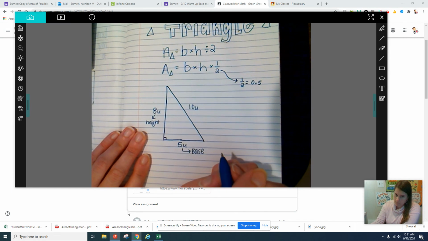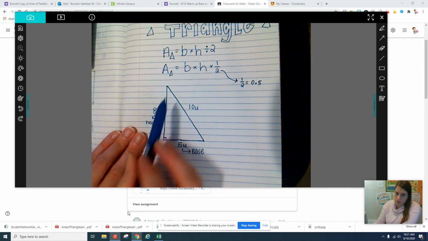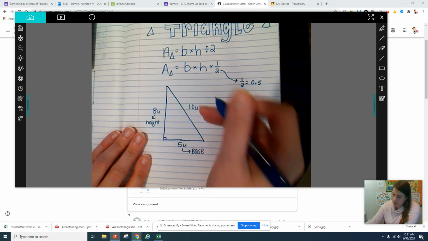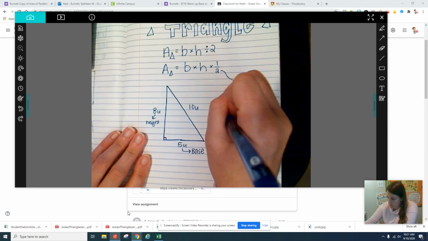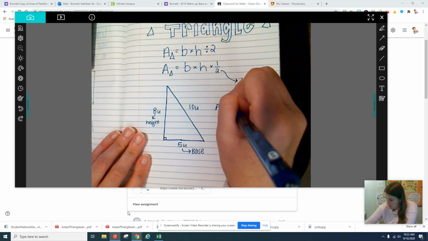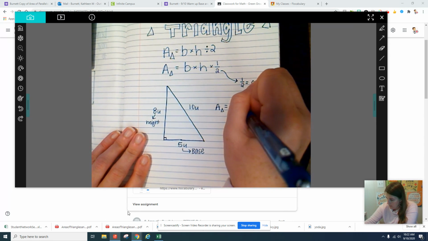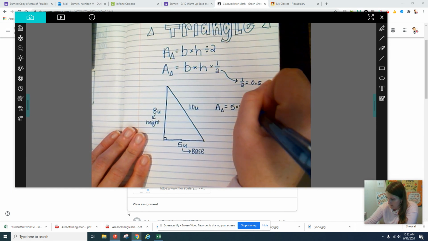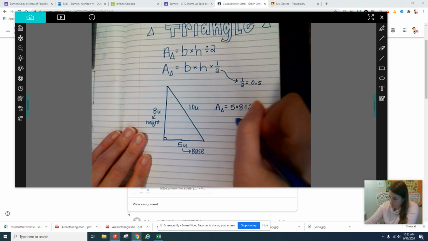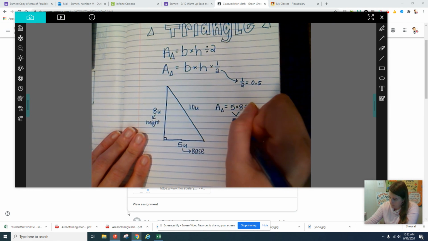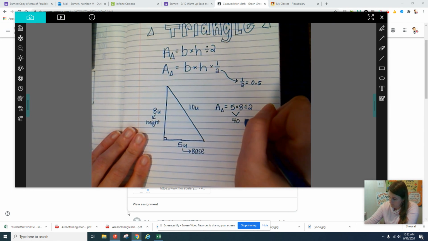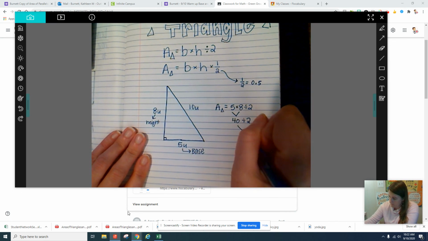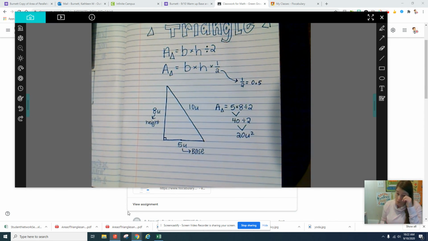Okay. Now just plug your numbers into the formula up here. Okay. The area of this triangle is 5 times 8 divided by 2. 5 times 8 is 40. 40 divided by 2 is 20 units squared.